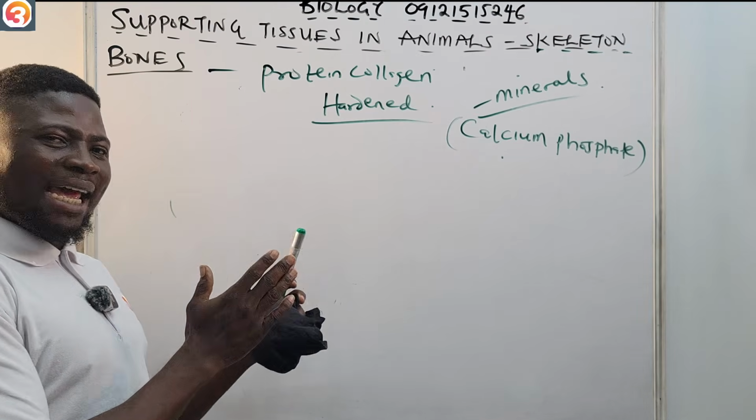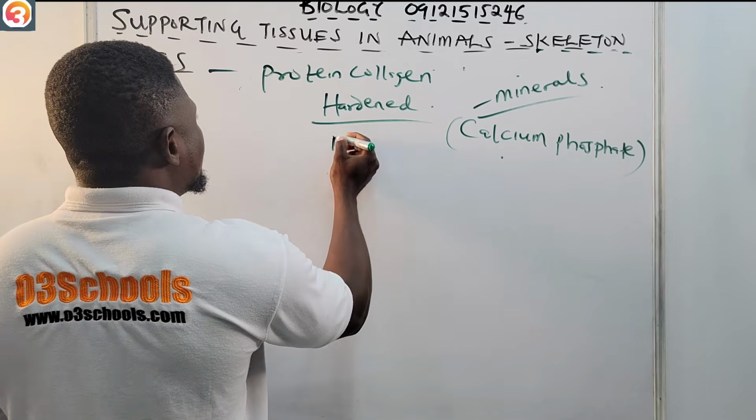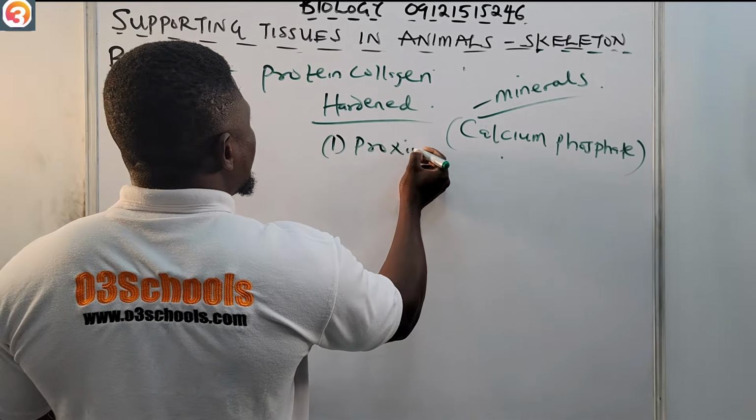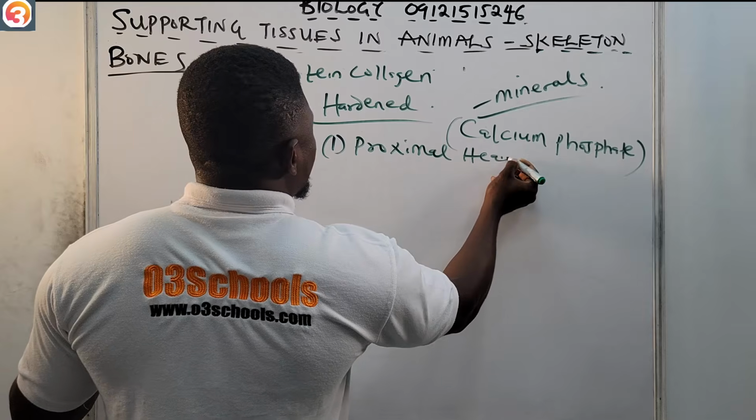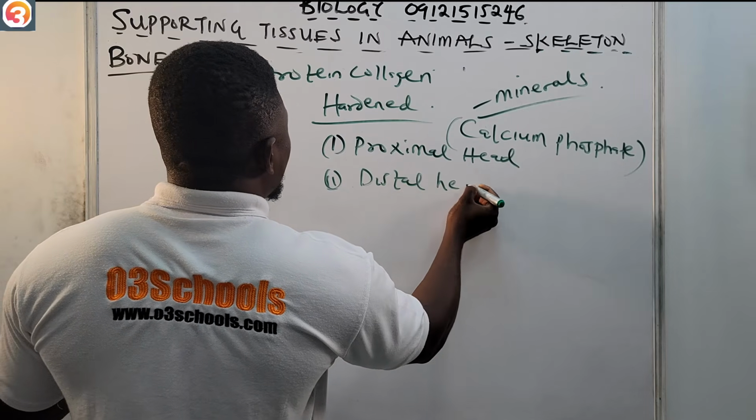A bone consists of two parts. We have one, the proximal head, and number two, the distal head.